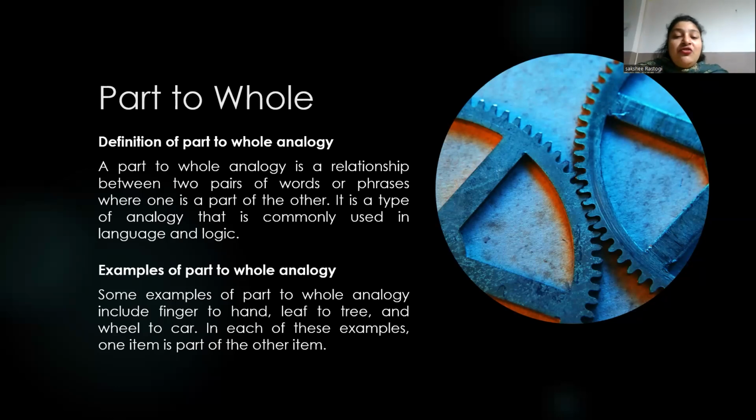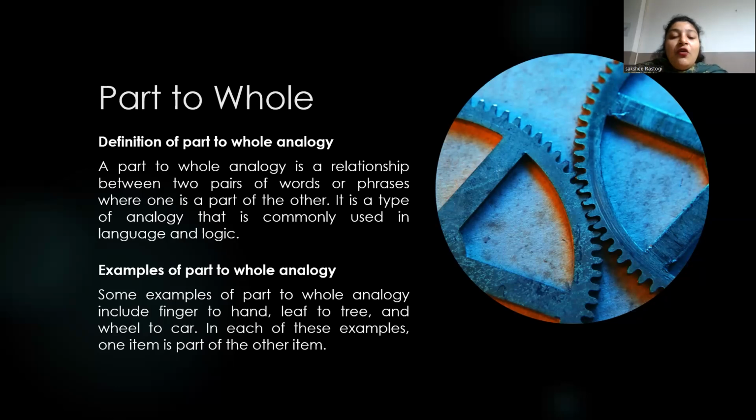This relationship is essential in analogies as it helps identify connections between individual concepts and their larger context. By recognizing part to whole relationships, you can better understand how individual elements contribute to a larger system or structure.